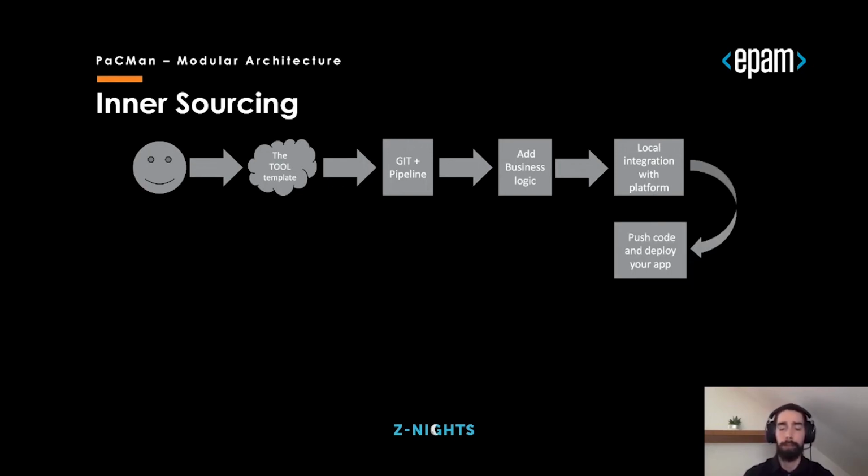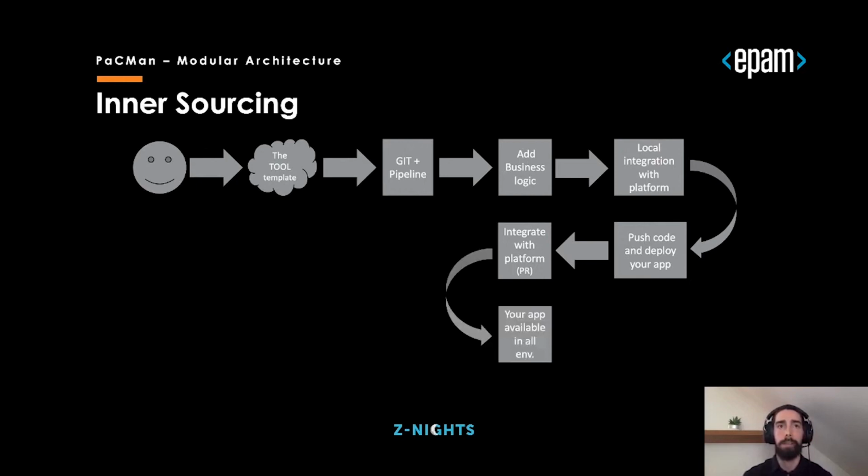Then they only have to create a single pull request where they set up the module itself for our PACMAN Core application, how they should connect. This is simply a URL where the module can be accessed. Then this whole module is pushed out into all of the environments, and then comes the profit.